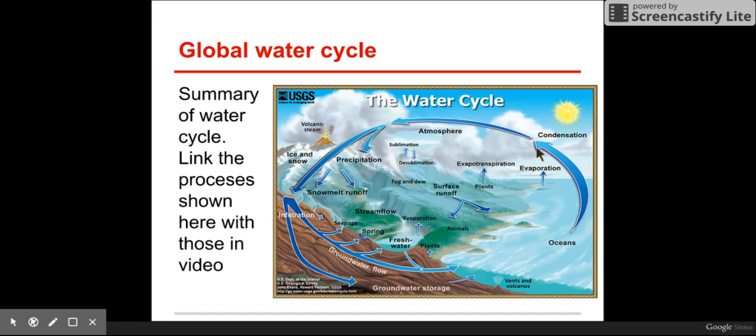Of course, this just shows the net flow of water through the system. There is precipitation over the oceans, and there is evaporation that takes place over land as well. But there is a net transport of water vapor from the oceans through the atmosphere onto land in the overall planetary system. So that's important to keep in mind when you're looking at these charts.